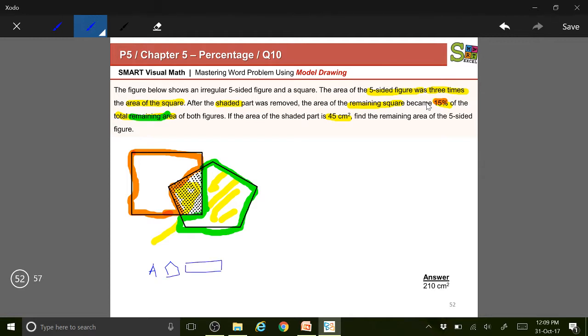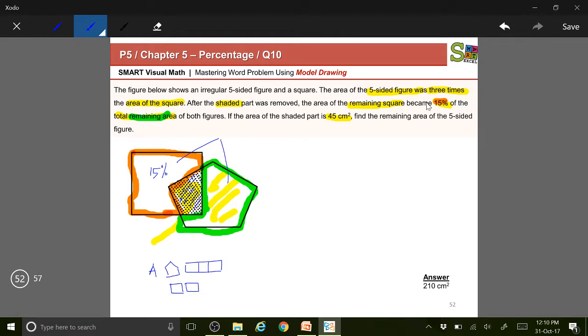This is just for us to take note. Like that. So this is the area. Then they mention the shaded is removed, it becomes 15%. This is 15% of the total of both, means this plus this.